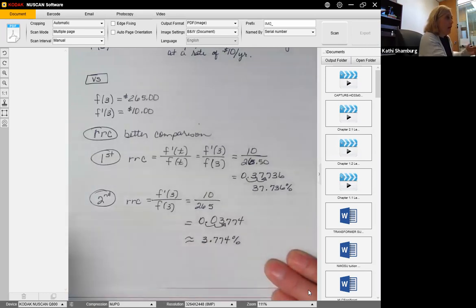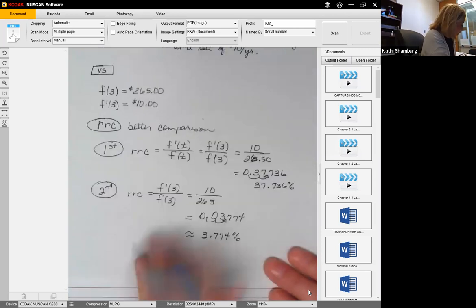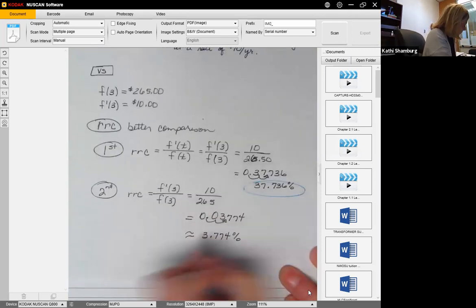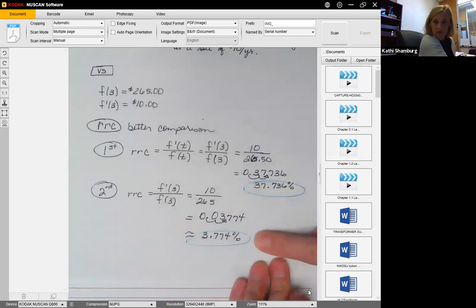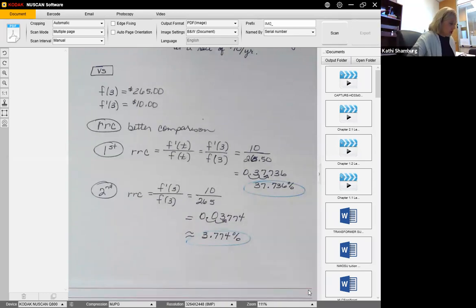So when you compare their relative rate of change, yes, this bottle of wine, the initial value is only worth $26.50, but each year its relative rate of increase shows you that it's increasing at a faster rate than the second bottle of wine. So that's why we look at RRC.